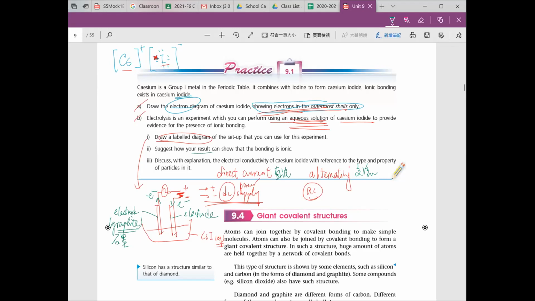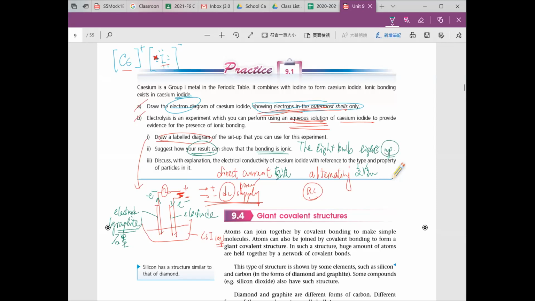Suggest how the results can show that the bonding is ionic. So what results here will show you the bonding is ionic? There is some indication to tell you there is a flow of what? The flow of charge, right? The light bulb lights up.